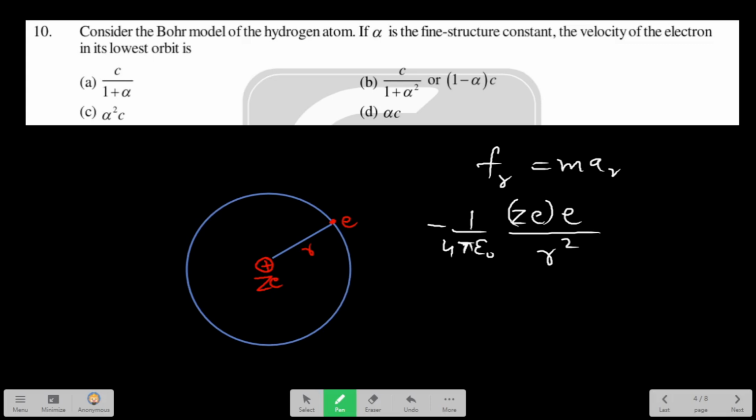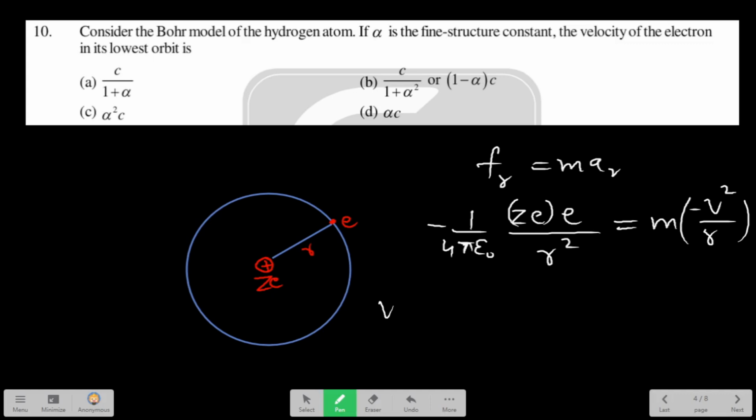And the minus sign here is because the force is radially inward, and this is equal to m times acceleration. Radial acceleration is minus v square by r. Here also there is a negative sign because the radial acceleration is also radially inward.